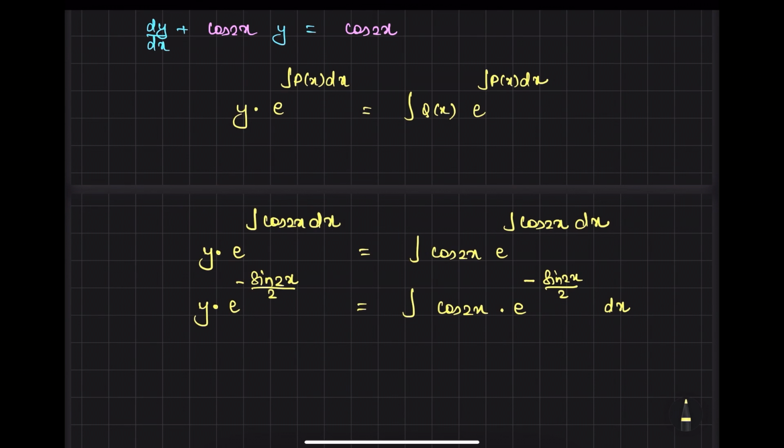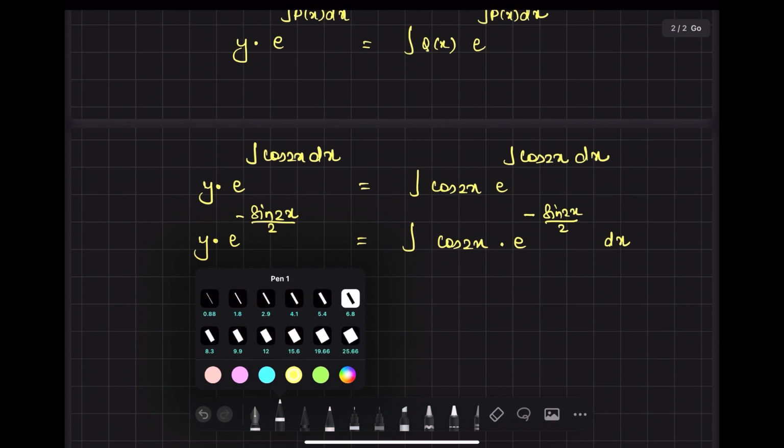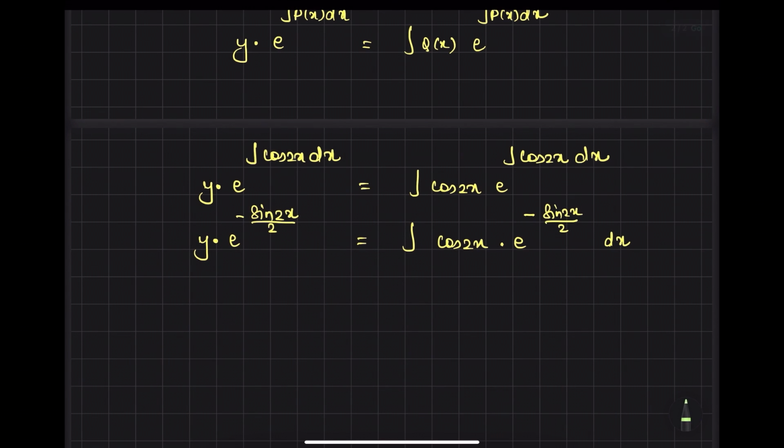So look at this, how we will manage this situation. We have to integrate the second component. I will take the whole power as z. So we have minus sine 2x by 2 as z. So dz by dx is equal to minus cos 2x, right? The differentiation of 2x will become 2 and the 2 will get neutralized, and you have cos 2x dx.